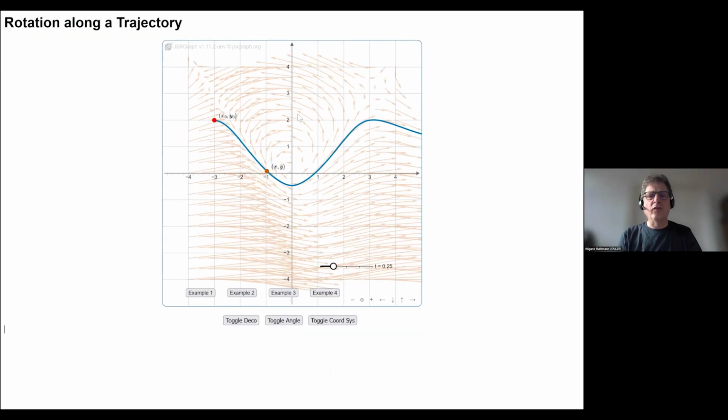Usually we have a vector field, we have an initial point, and then we will look at the trajectory and we'll see, okay, the trajectory will go this way, and we can go along that curve. And now I was able to add here even the rotational angle.